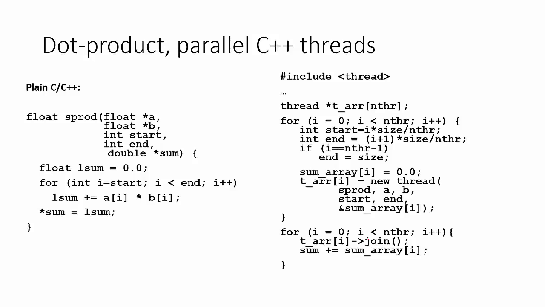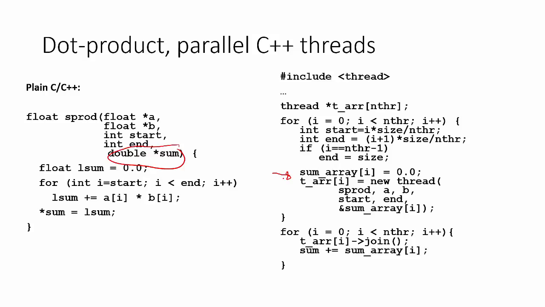In C++ threads, or in pthreads for that matter, there is no way to communicate the result of a thread function to the main thread that called it. So this means that we need to have a special argument here called sum that represents the result of the function. So we create an array, sum array, that will hold the result for each thread.